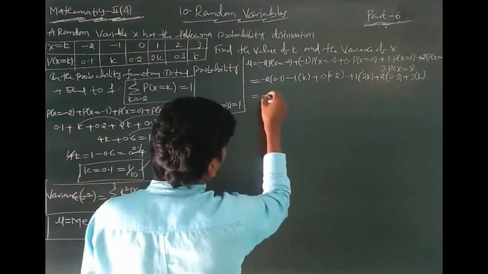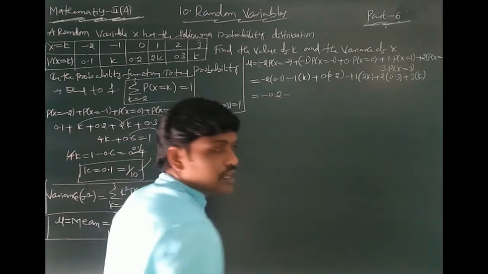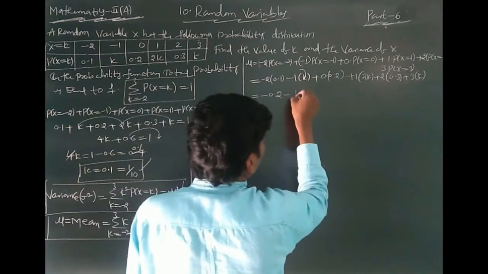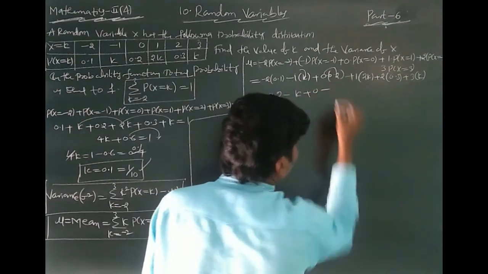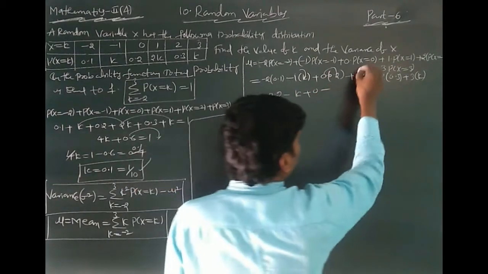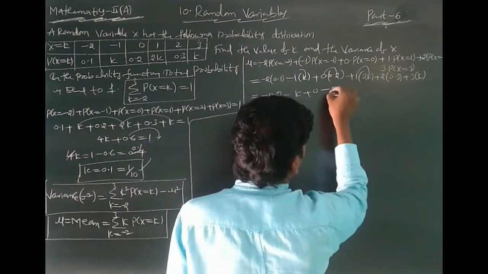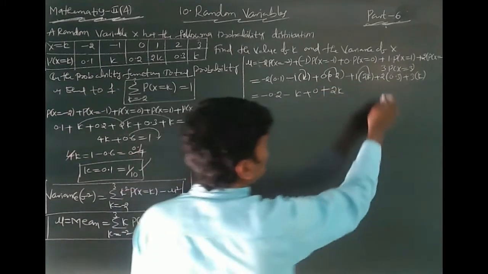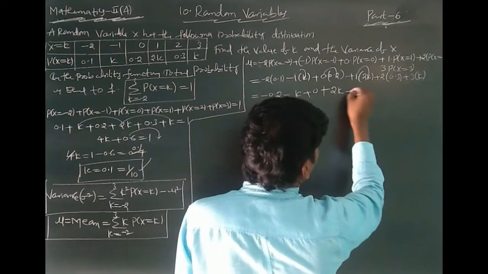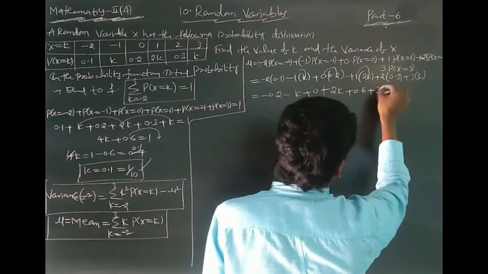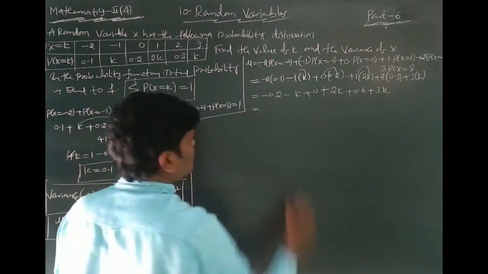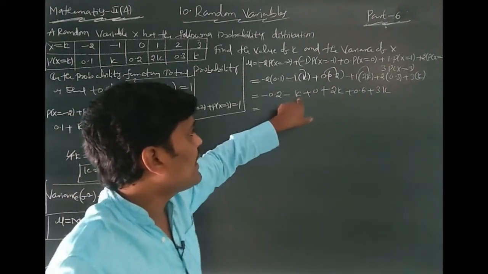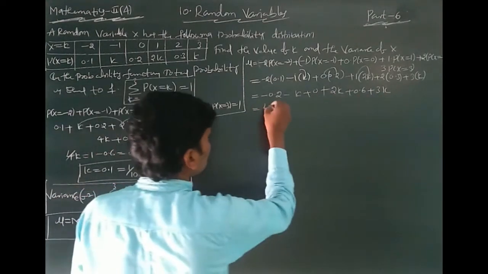After that, we can write minus 0.2, minus 2 into 0.1, minus 0.2, minus 1 into k, minus k, 0 into something, 0, 1 into k, how much? 1 into k, minus 1 into k, you get plus 2k, 1 into 2k, 2 into 0.3, 0.6, plus 3 into k, you can add 3. First you can add k terms, 3k plus 2k, 5k, 5k minus k, how much? 4k.